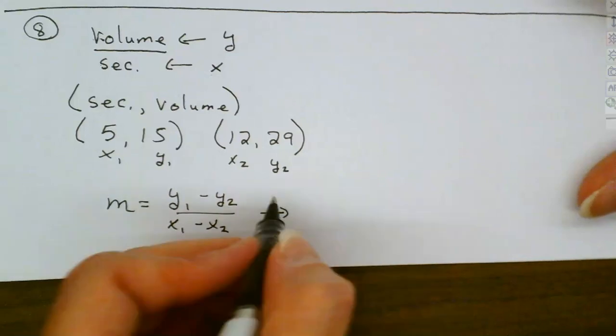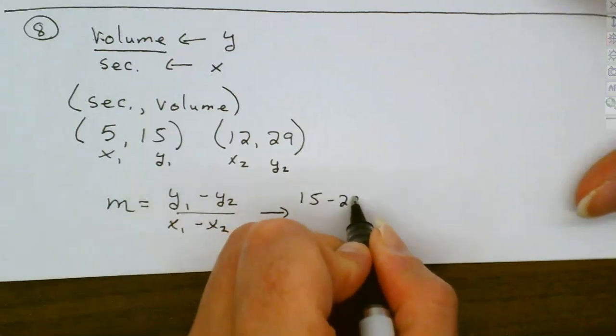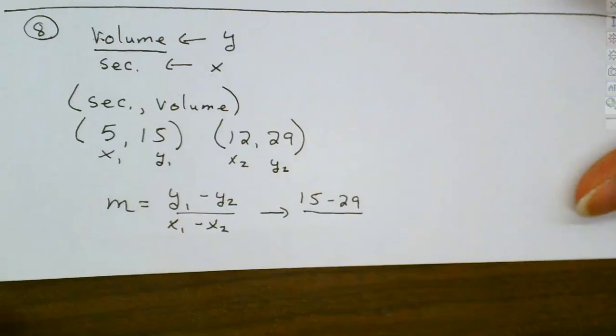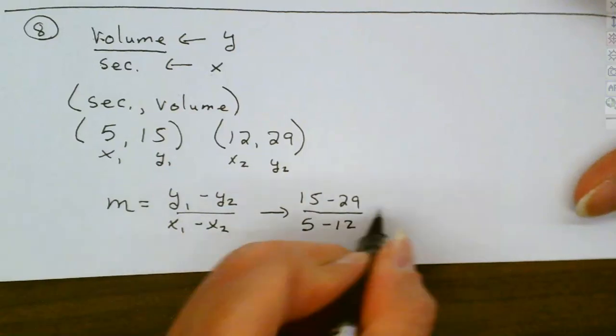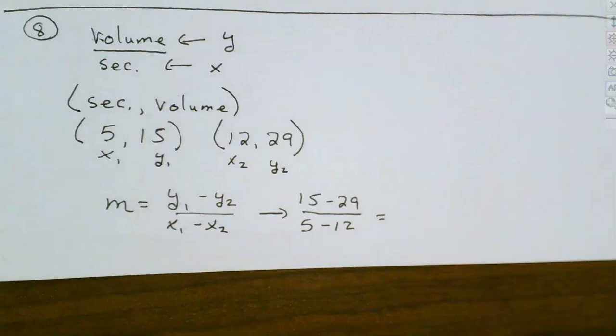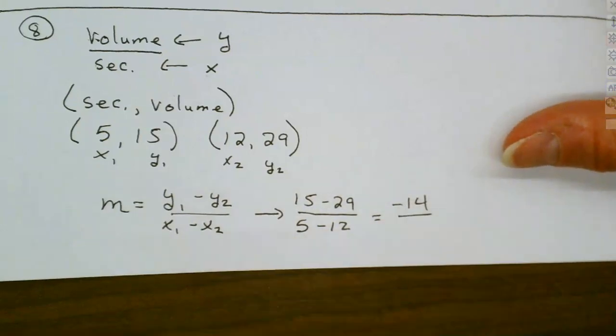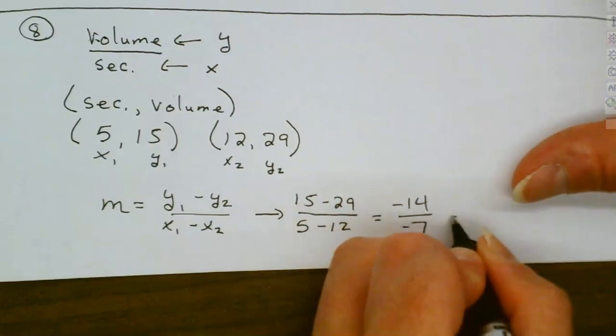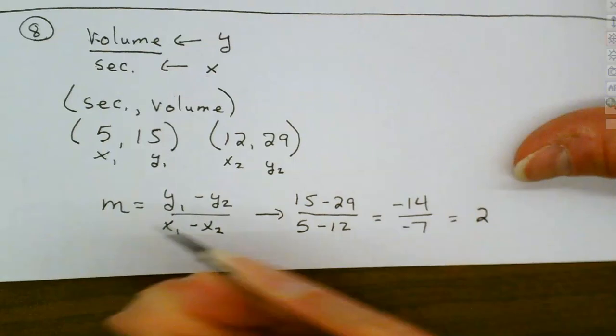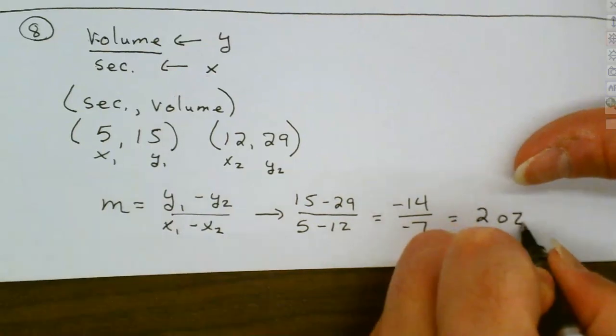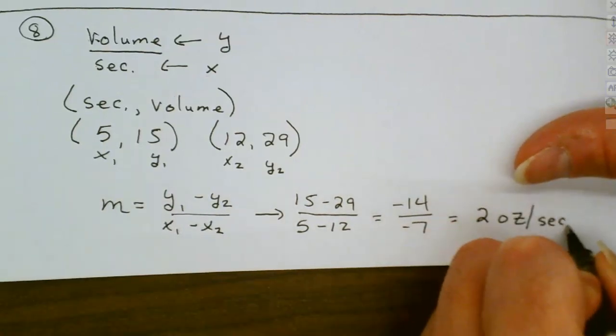And we fill it in, so we get 15 minus 29 over 5 minus 12. 15 minus 29, that should be a 14, isn't it? Yep, negative 14. I always double check myself. And 5 minus 12 makes it a negative 7. Negative and negative makes it positive. And that's going to be a positive 2, and that's going to be ounces per second.